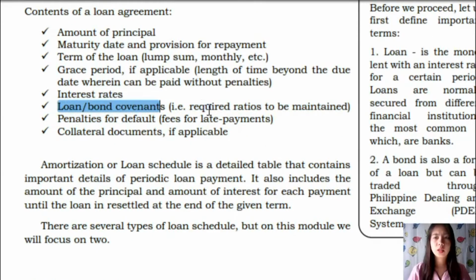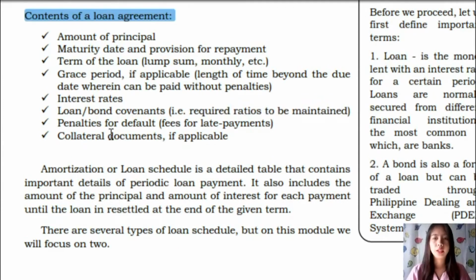These are example required ratios to be maintained, but loan covenants can also be certain conditions between the borrower and the lender. Next are the penalties for default or the fees for late payments, and collateral documents if applicable.